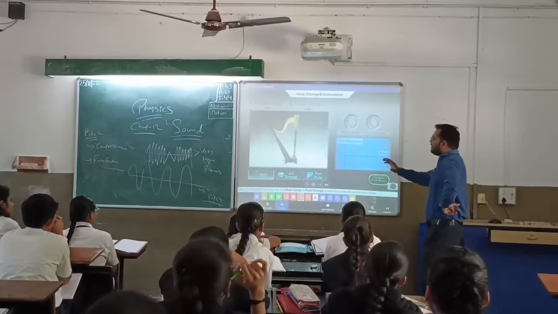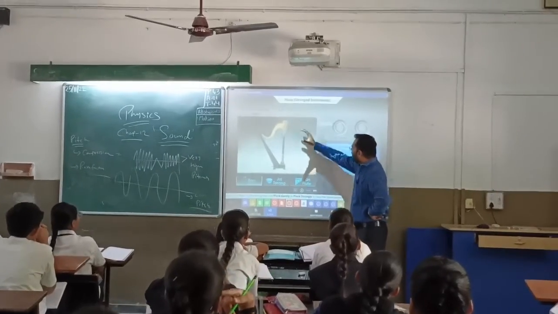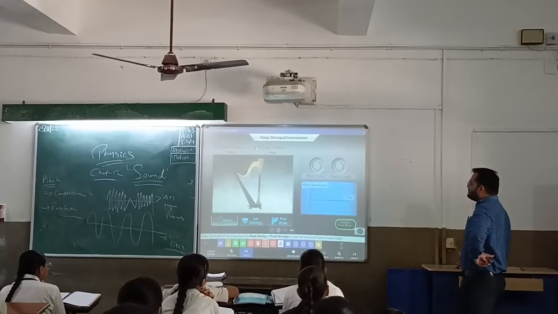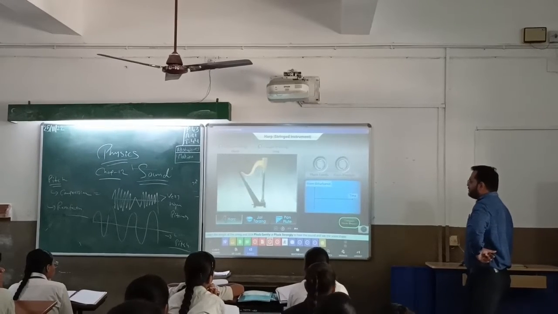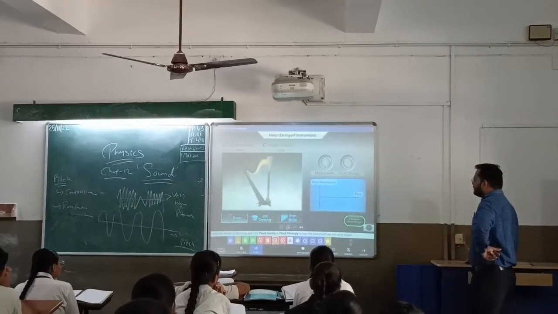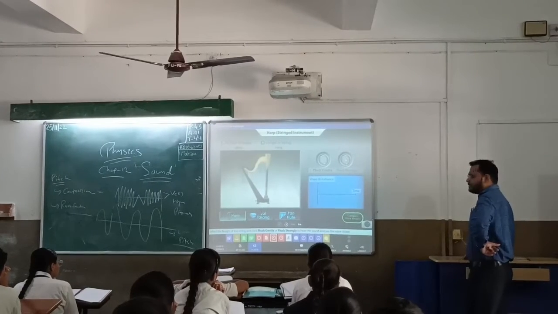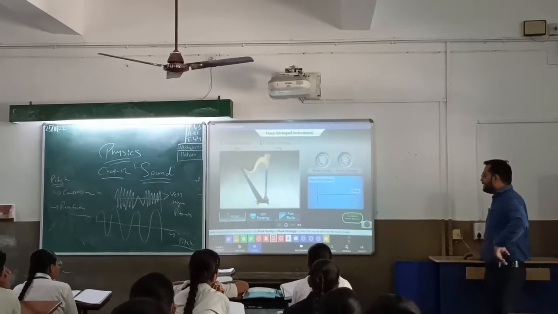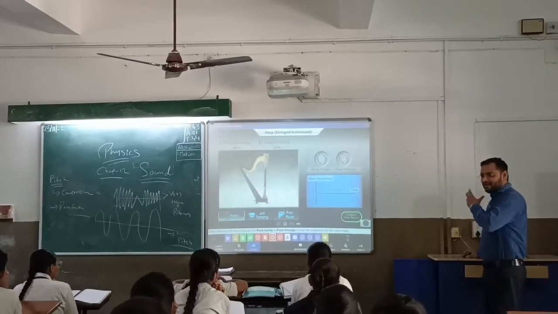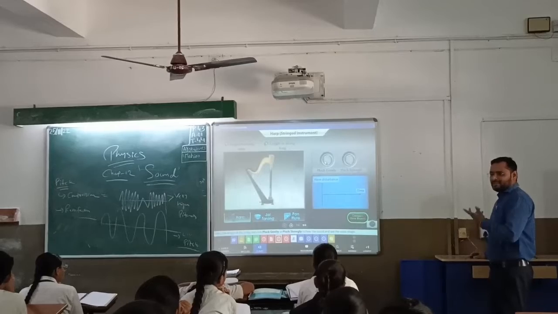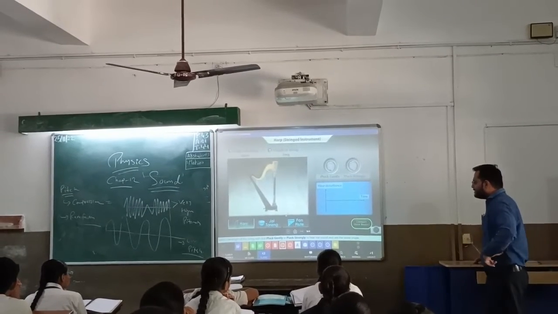See, now here one length of the string is short and another length of the string is long. Different types of sounds are there. See, stronger, louder. That is the pitch. Got it?